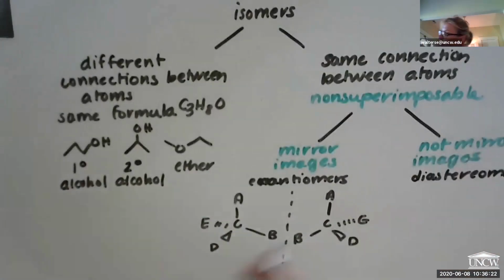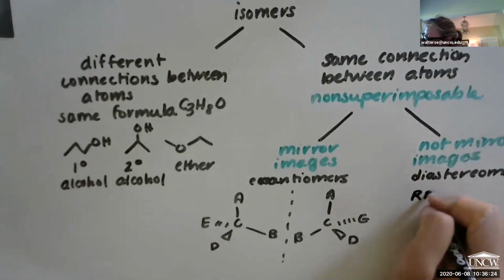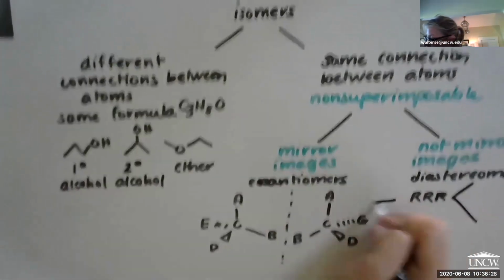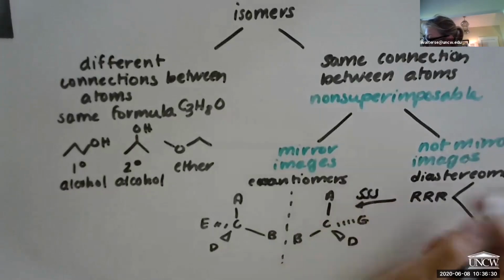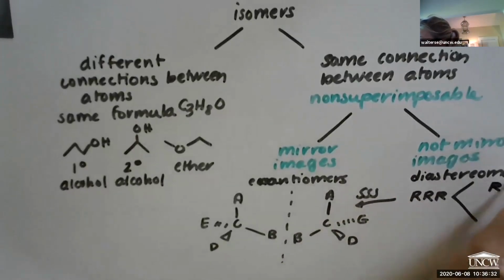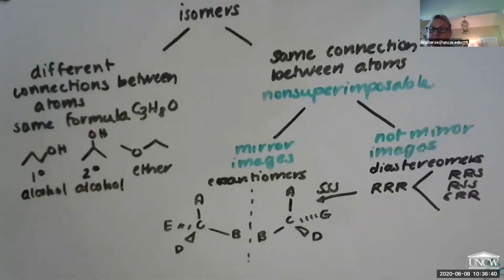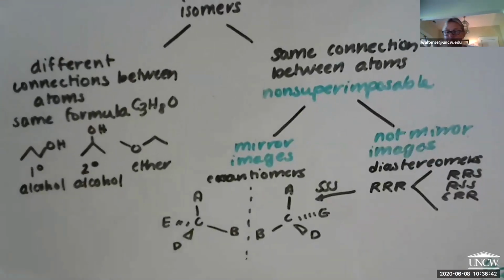If you had a compound RRR, then one enantiomer would be SSS. Some would be opposite, but some would still be the same.